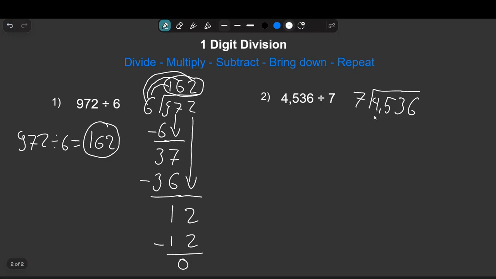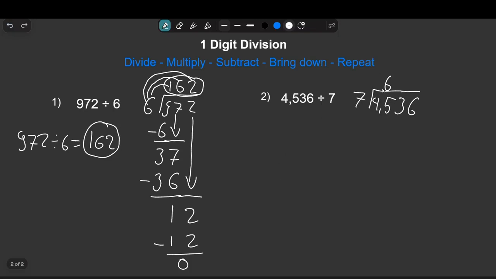So now we say how many times does 7 fit into 45? 7 fits 6 times into 45 because 6 times 7 equals 42. If it was 7 times 7, it would equal 49. So it fits 6 times into 45. But you write the 6 over here because we have used these two and not over here.